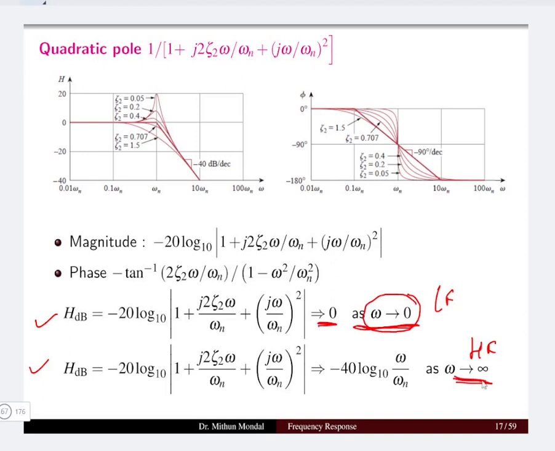Whereas omega tending to infinity, that is high frequency, we have 40 log 10 omega by omega n. So here we will first start from the 0 and then we will jump, and then we will have minus 40 decibel per decade that will fall, and that is the approximate plot that we are obtaining, not the exact one, but it will give quite a good value. Whereas the phase is at 0 degree first, and then it will fall by minus 90 degrees per decade.